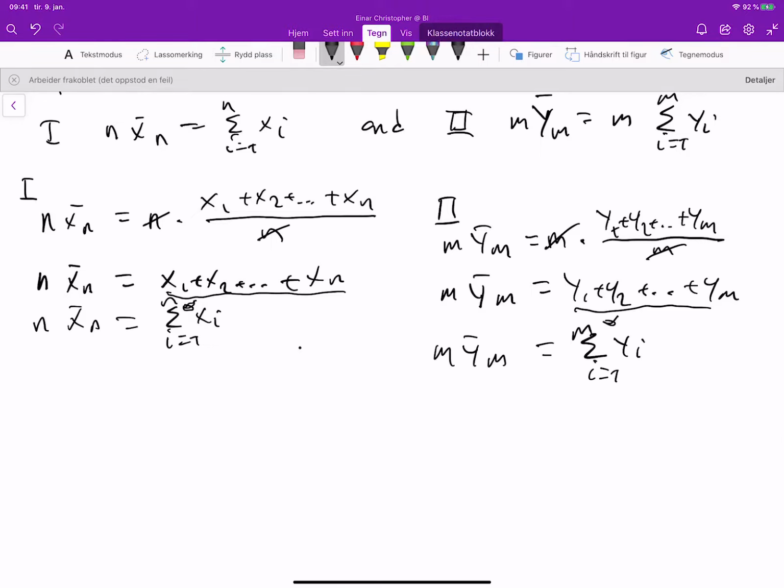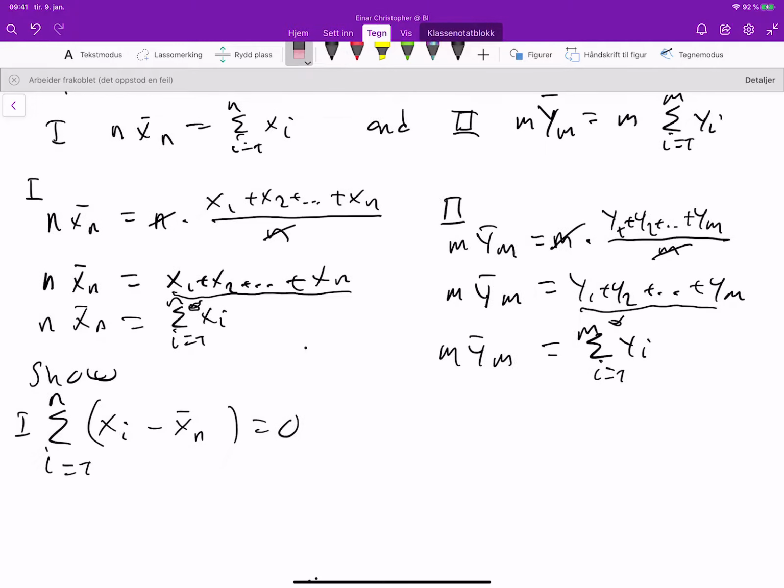That was the start, and then we shall use the sum i equal 1 to n xi minus xn bar equal 0. So show that this is true.